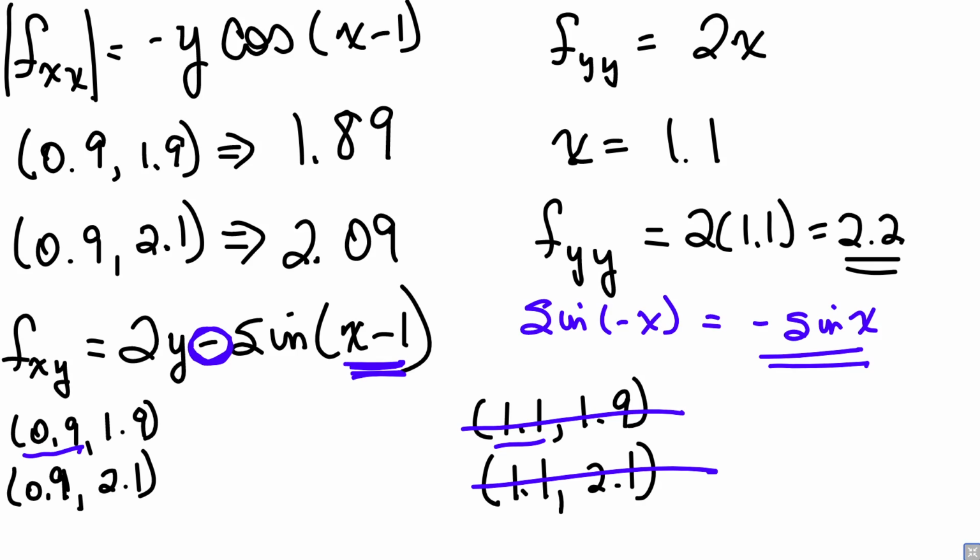All right. So now, if you evaluate for the first one, let me see what we're going to get. We have 2 times 1.9 minus the sine of negative 0.1.